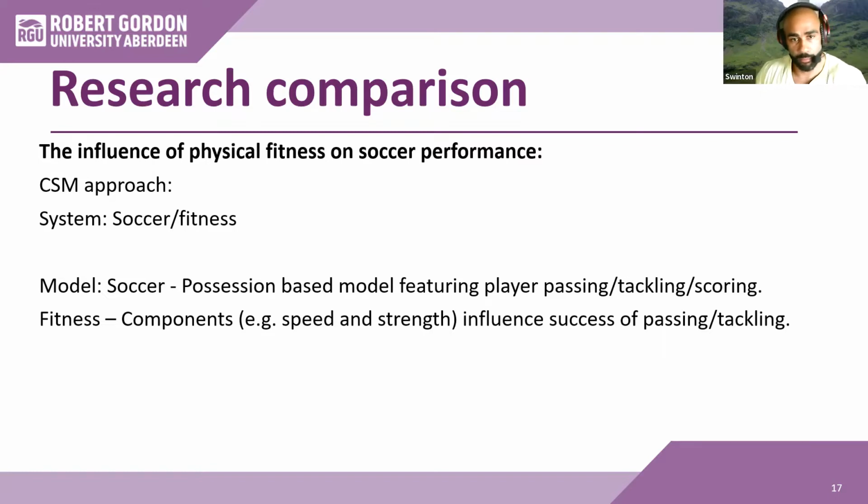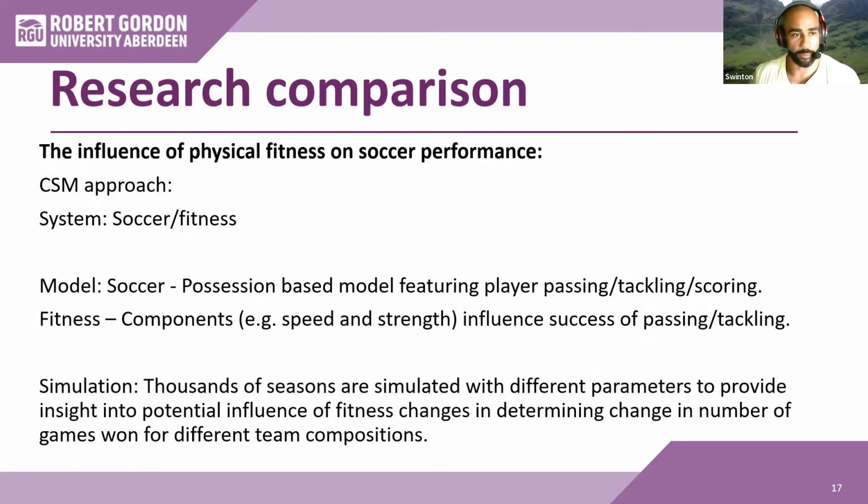So that model building then links our fitness ultimately into performance. Then we can manipulate player speed to represent realistic improvements following training. And then we can simulate, for example, thousands and thousands of seasons to quantify the typical improvement in actual performance, such as wins and losses.